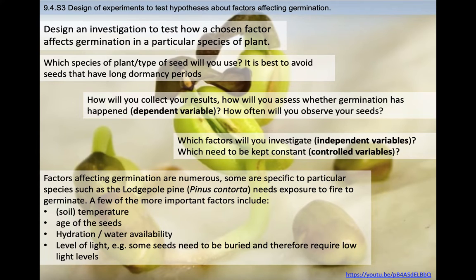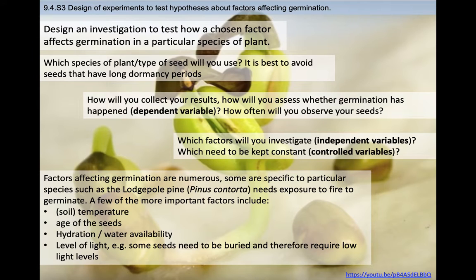Your independent variable will be the thing that impacts the rate of germination, and you can measure germination by looking at the length of the radicle that grows. The longer the length, the faster the rate of germination. Or we can look at it in terms of what percent of plants we see germinating. So let's just say I'm changing the salt concentration.